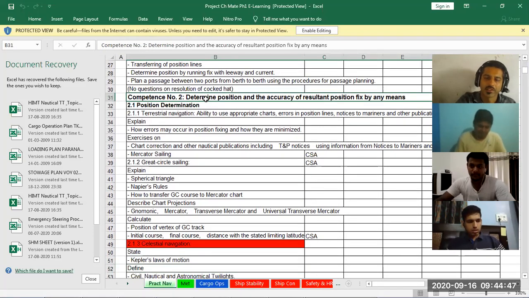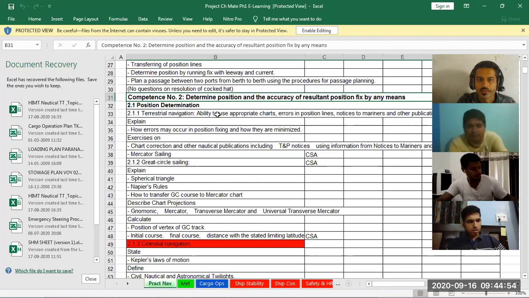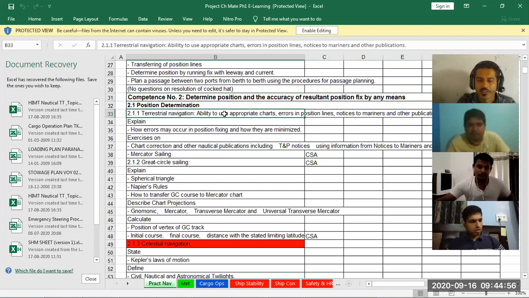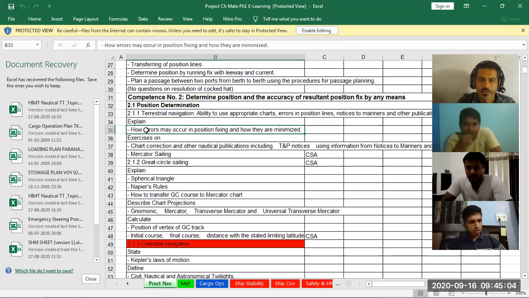What are the different methods of determining the position and accuracy of the position fixing in terrestrial navigation? So ability to use the charts. So familiarization of the charts, you will see the error in position line, notice to mariners and other publications. How errors in position fixing occur and how they can be minimized.